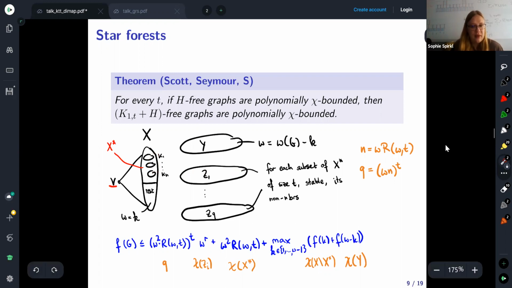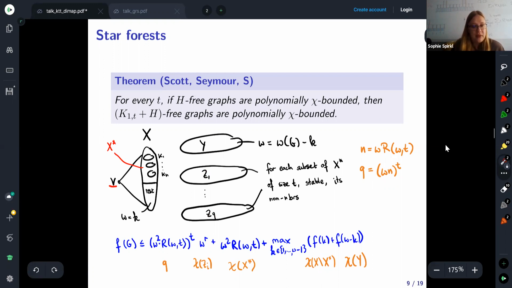And then we know that Z_N, which we had previously put aside, every vertex of that set fits into one of our sets Z1 up to ZQ. These numbers are huge but polynomial, because this is something like omega to the t, and so this is omega to the t plus 1. Therefore Q, the number of choices of Z we need, is omega to some polynomial in t, which is not nice, but polynomial.